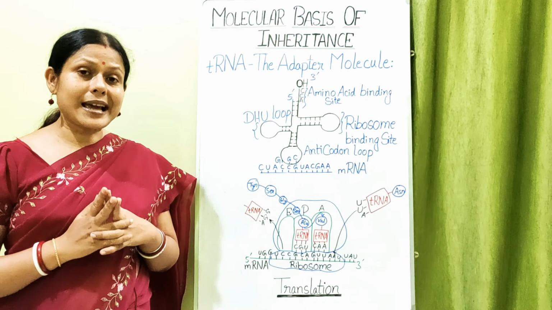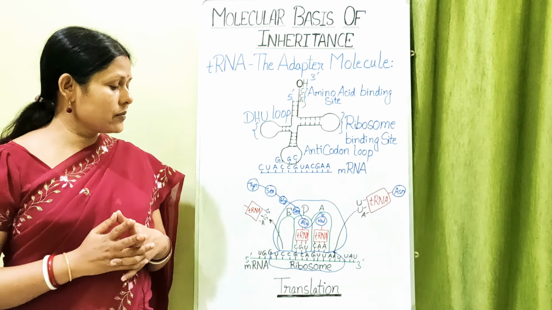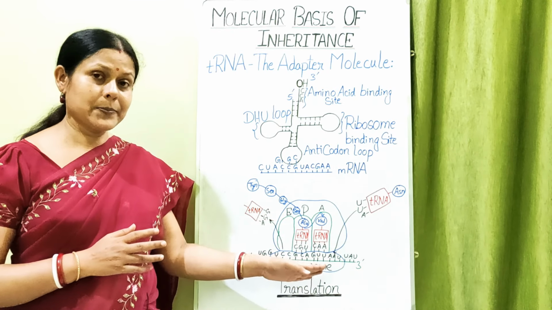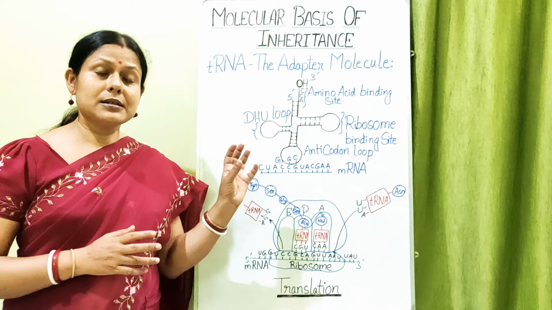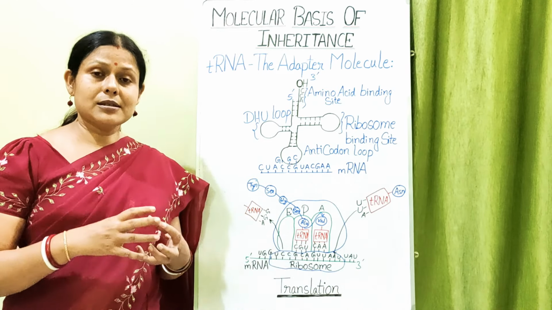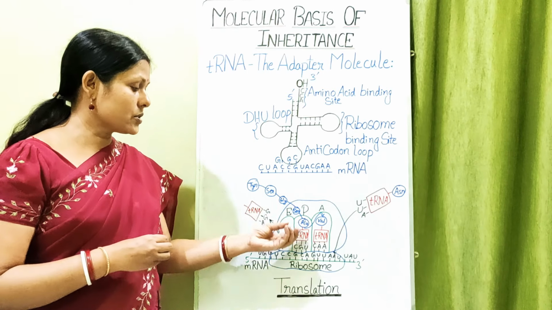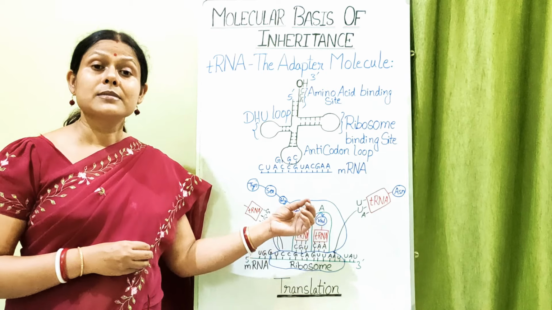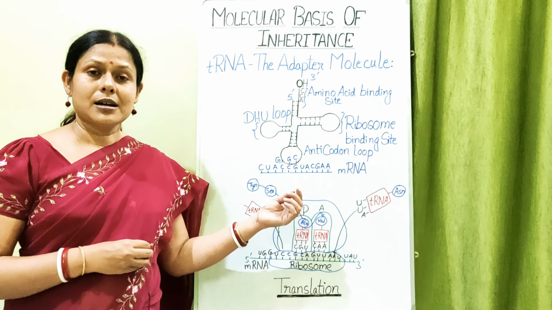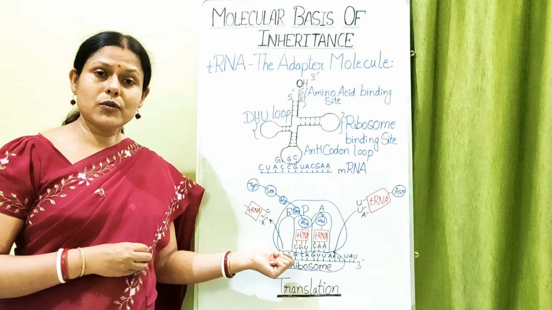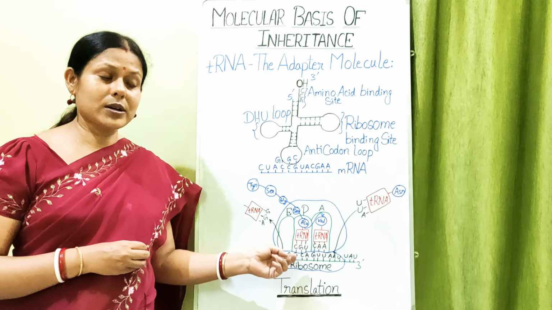Those areas will be created only when the two ribosomal subunits are joined together. There will be areas formed as a result of association of the smaller subunit with the larger subunit, where the tRNA containing the amino acid will come and bind, and where the peptide bond formation will take place.